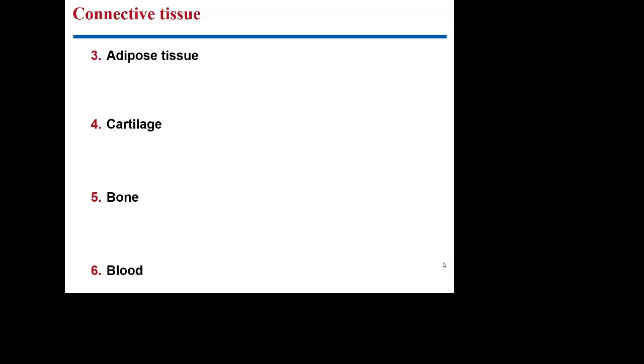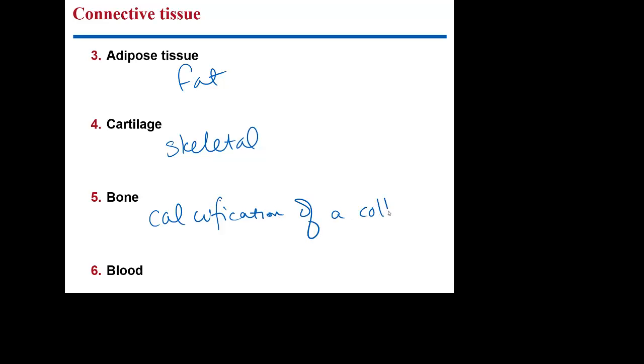Other connective tissues, we have adipose tissue or fat, found pretty much everywhere, right? Cartilage, associated with skeletal structures again. Bone, of course. And when we look at bone, we're going to look at the calcification of a matrix, of a collagen matrix.